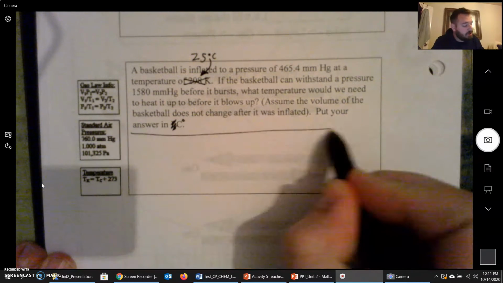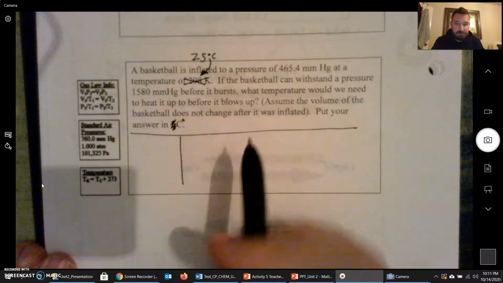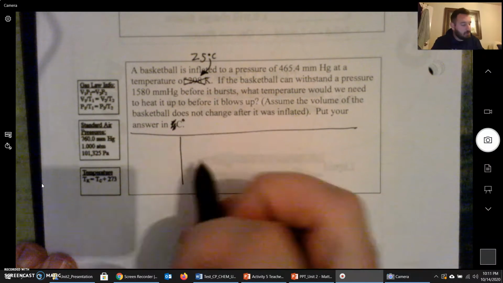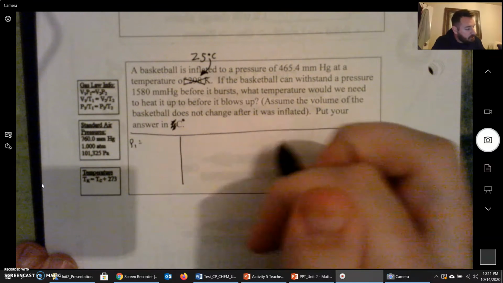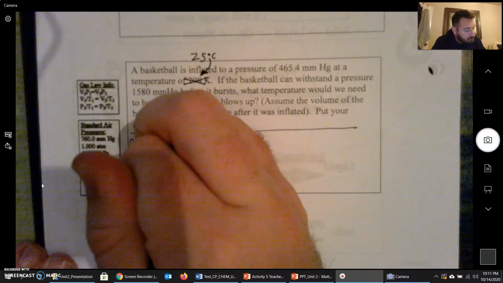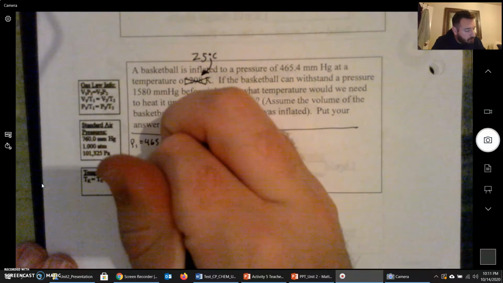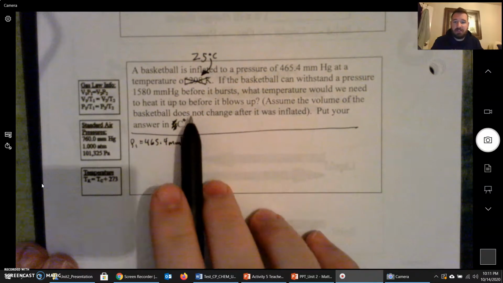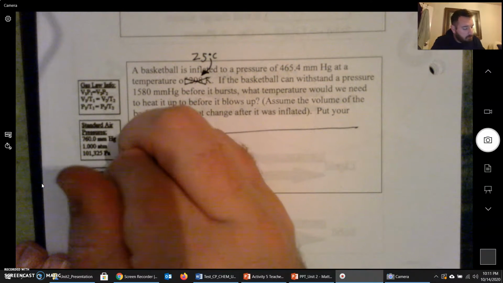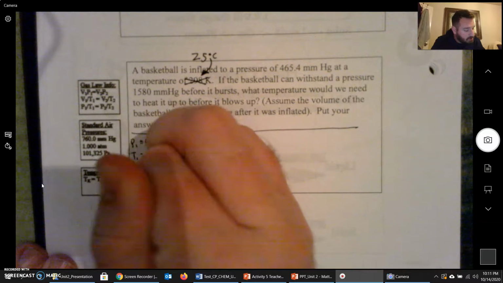So I'll start with my T-chart. My pressure 1 is 465.4 mmHg. My temperature 1 equals 25 degrees Celsius.